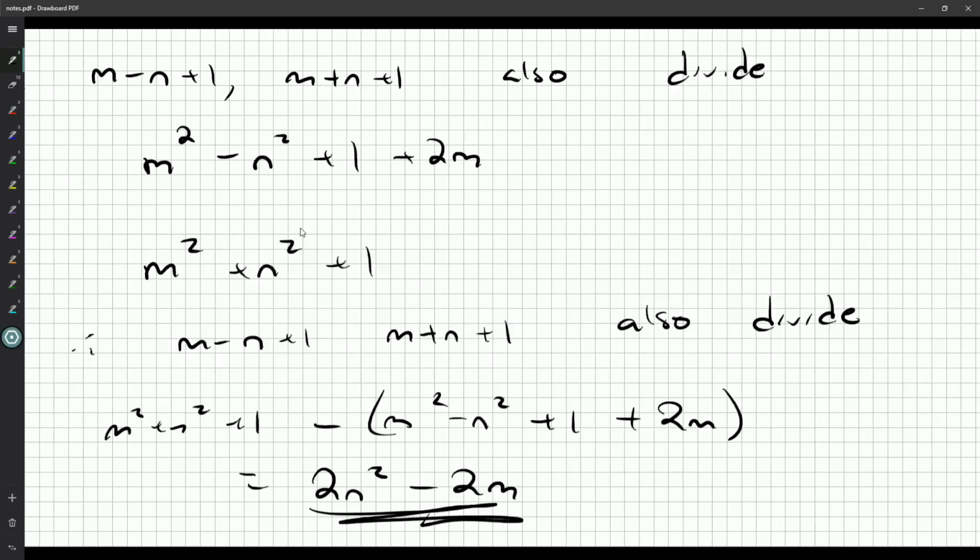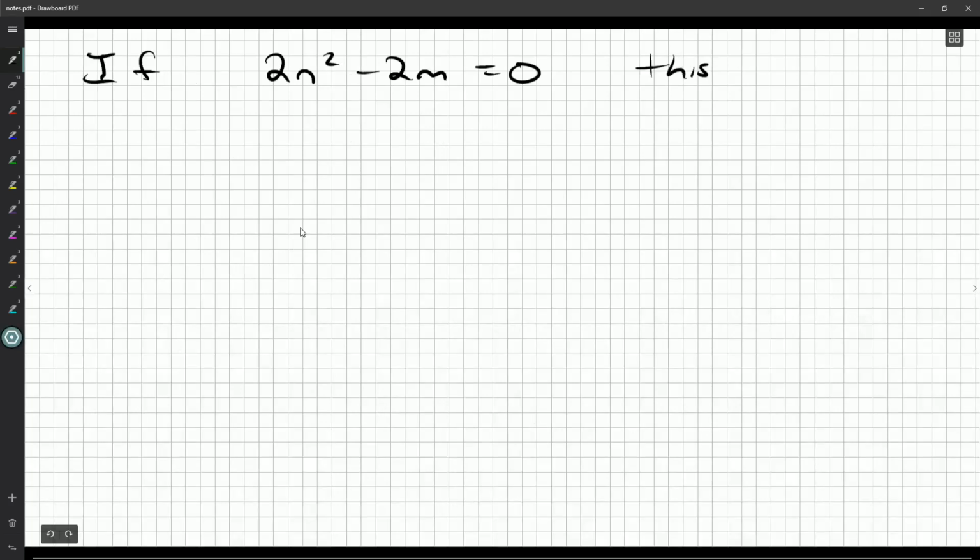We should expect our m to in some way be based on n. And so I wonder, could we just say if 2n squared minus 2m equals 0, this is true, and so n squared equals m, just bring it over to the other side and divide by 2.